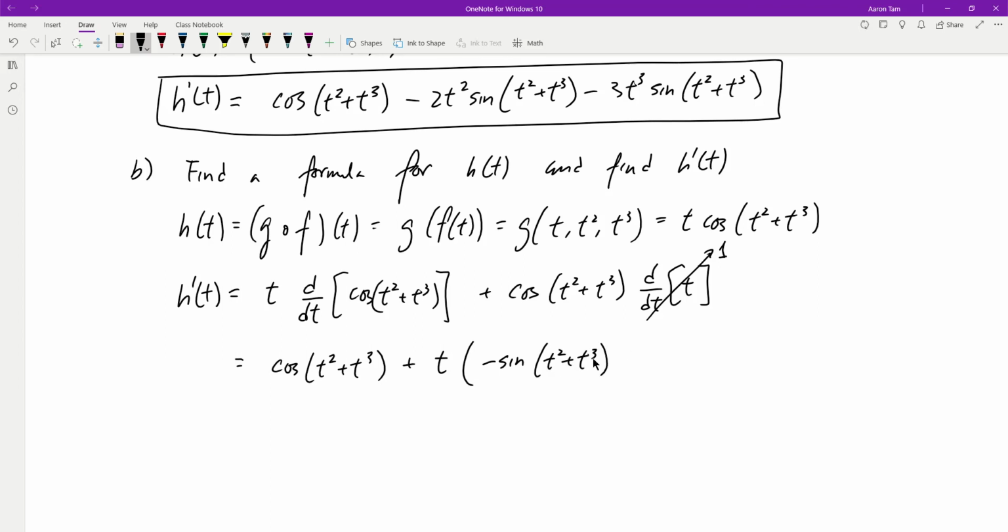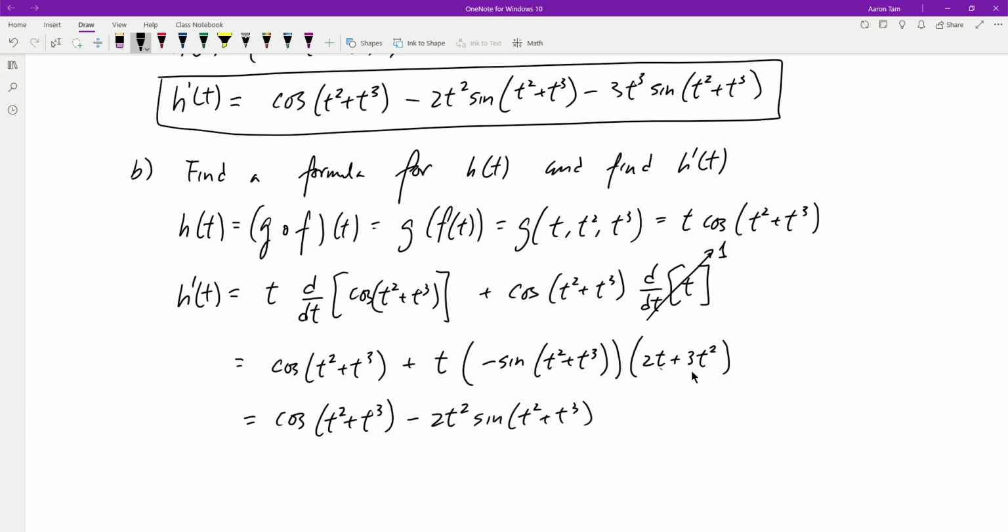And then the chain rule from BC calculus still applies, and that would require us to multiply this by the derivative of t squared plus t to the third, which is 2t plus 3t squared. So if I simply multiply t into 2t plus 3t squared, and then distribute to negative sine t squared plus t to the third, then what I have will be the following. Actually minus, I'm sorry. 2t times t is 2t squared sine t squared plus t to the third.